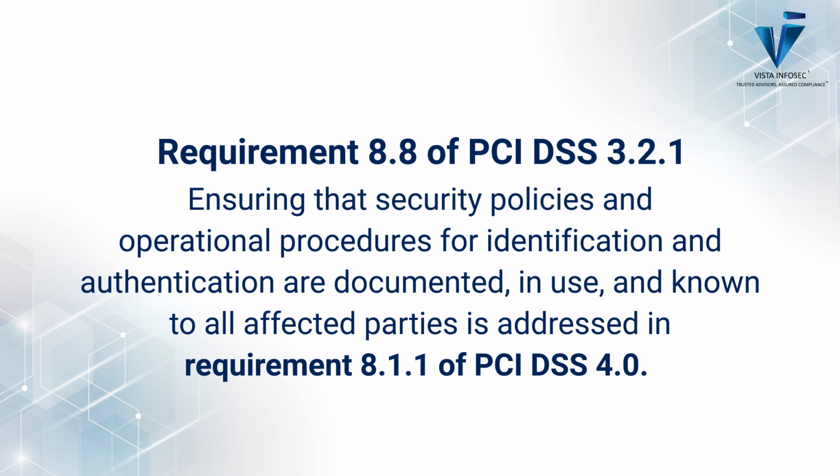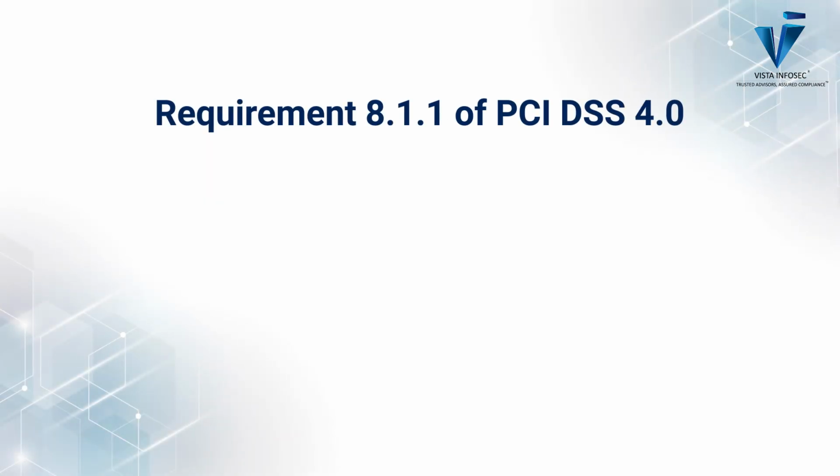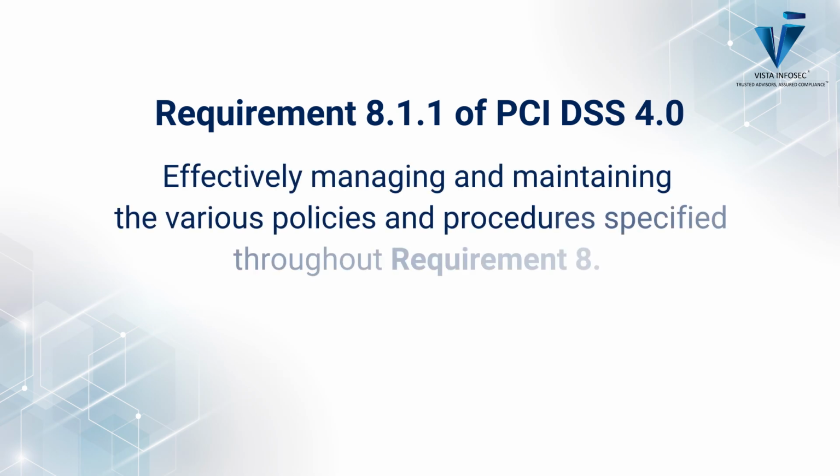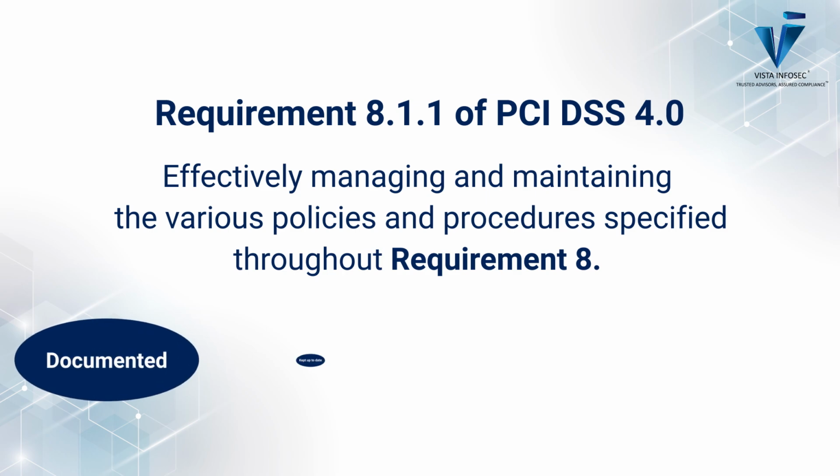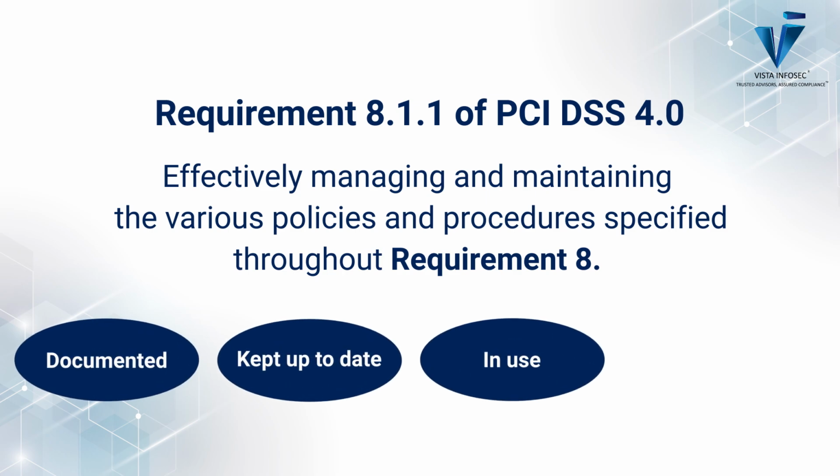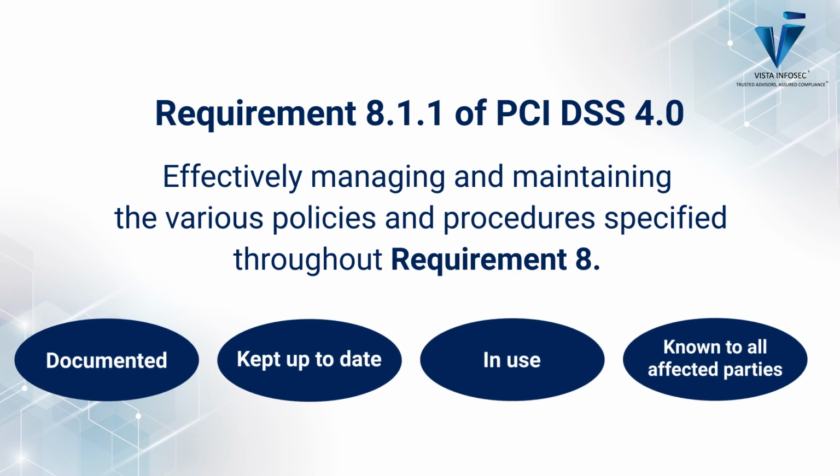But in version 4, this has become the first one across all the requirements. So the same requirement 8.8 in 3.2.1 is now 8.1.1 in PCI 4. And here it speaks about effectively managing and maintaining all policies and procedures specified through requirement 8. And this speaks about these four things, that is, all the requirements are documented, kept up to date, in use, and known to all affected parties.